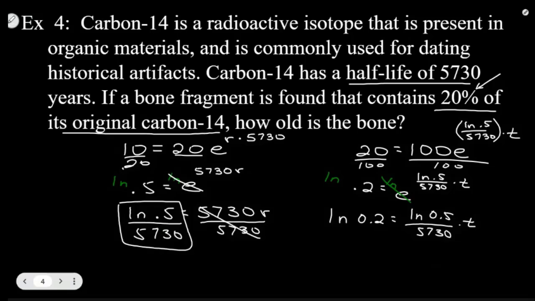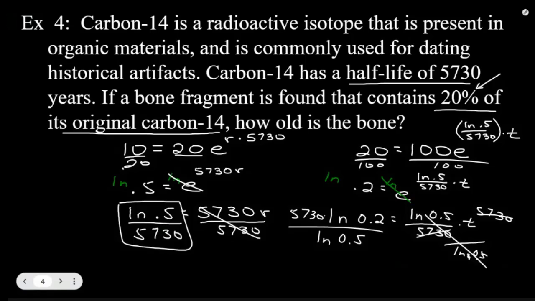If you want to view this as natural log of 0.5 divided by 5,730, you can do it in 2 steps. You'd multiply first by 5,730 on this side to cancel that, and then you would divide by the natural log of 0.5 to cancel that. But do you see that either way, you're going to end up doing the same thing?